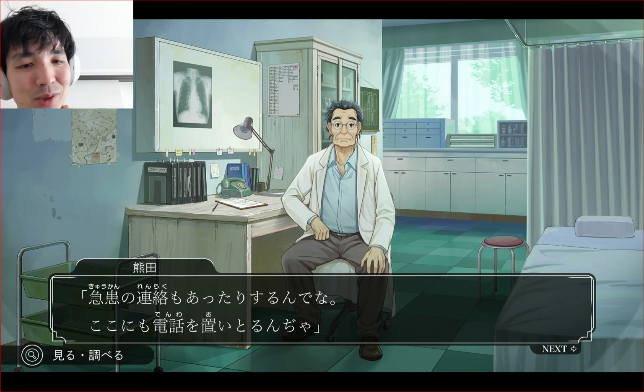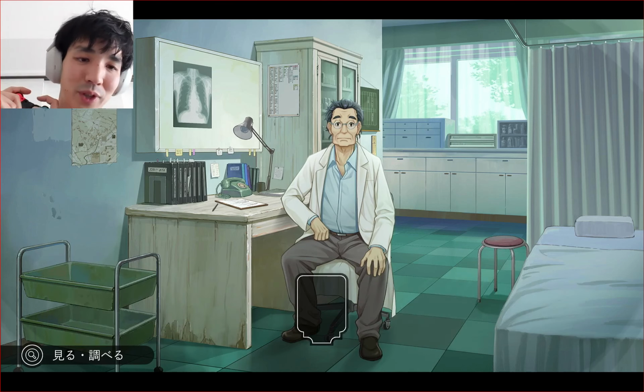So, koko ni mo denwa o oitoru n ja. If you put it there for some reason, then it's oite oku, oite oru? But then the te becomes to. Oitoru. I think this is oite oru n ja. I don't know. Okay, I'm talking nonsense. I have no idea what I'm talking about. I don't speak Japanese.